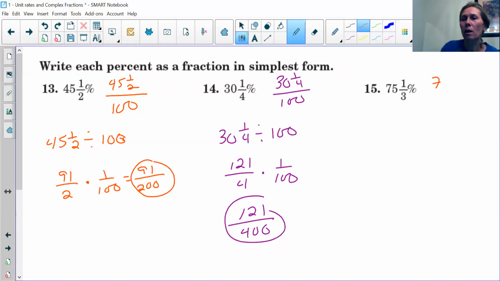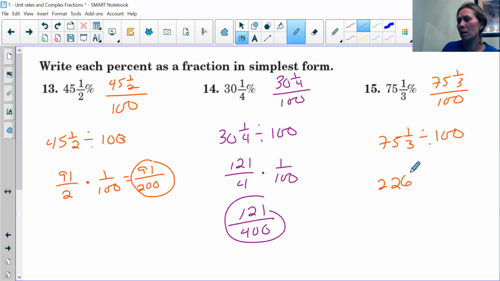So we have 75 1/3 over 100, which gives me 75 1/3 divided by 100. Let's get my calculator just in case. And I don't have one.